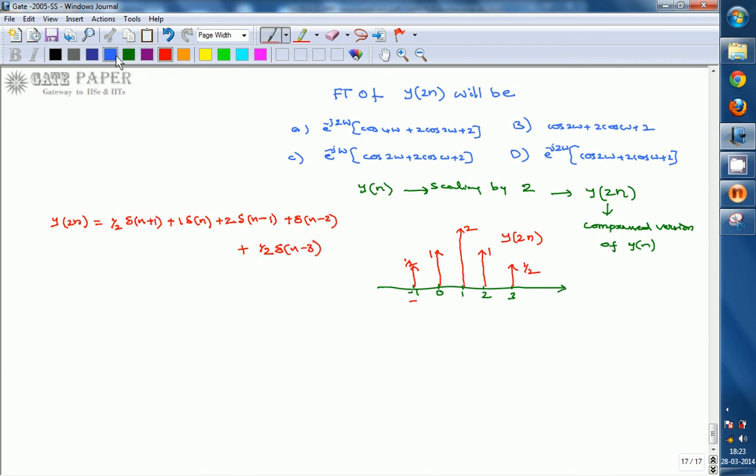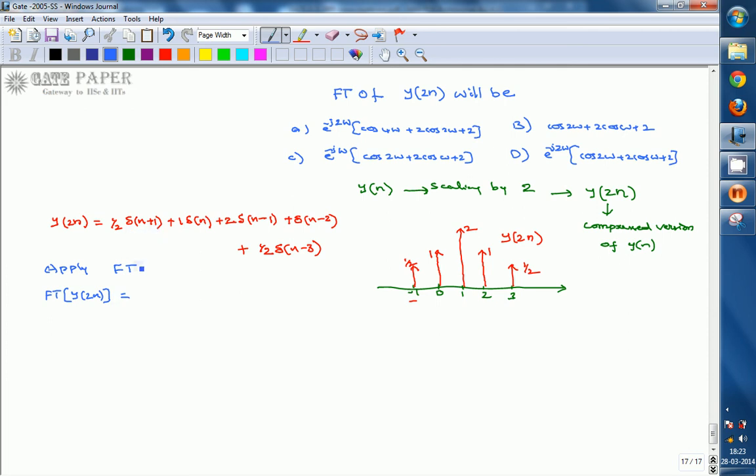Then apply the Fourier transform for this. The Fourier transform of y of 2n is equal to, we know that the Fourier transform of del of n is 1. Here it is the time shifting property.